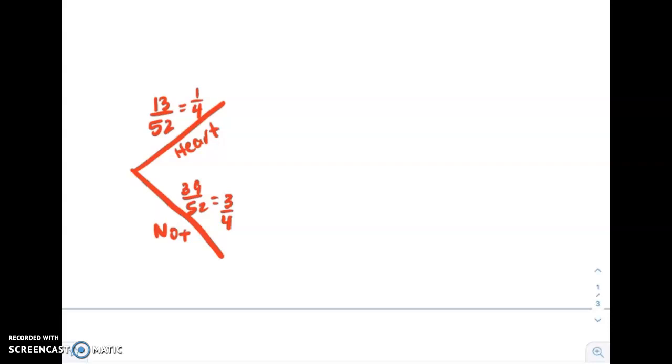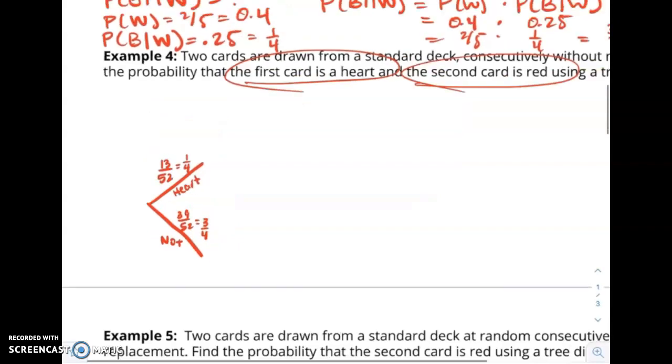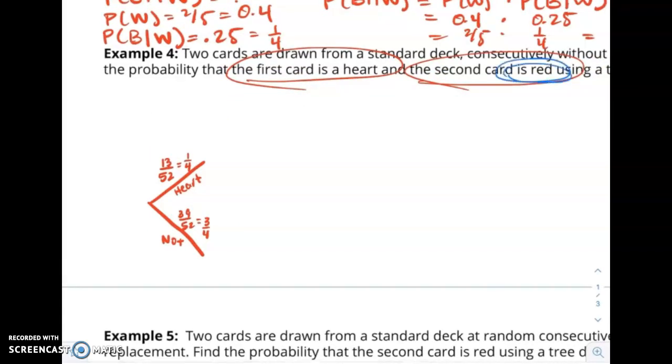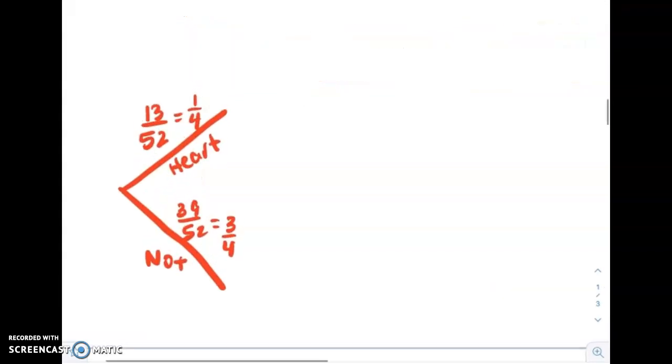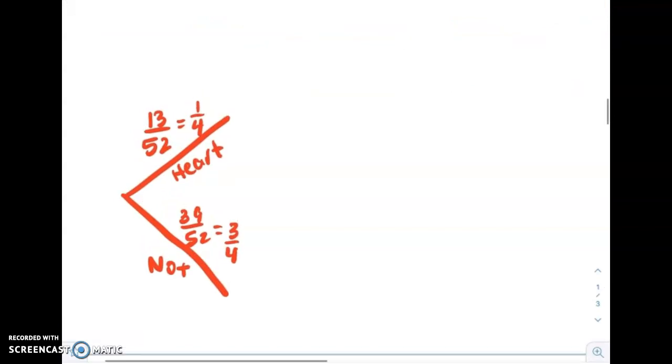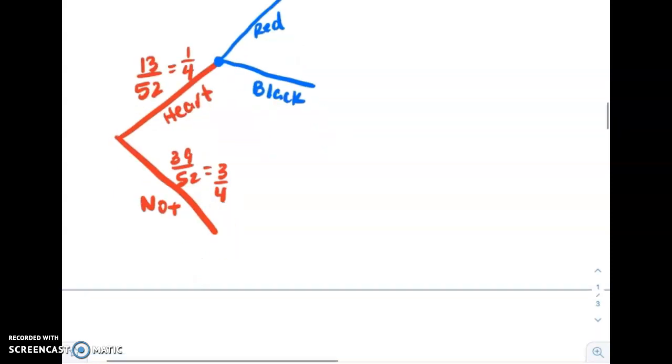So the second card, we're looking for, it's red. Is it red? So for hearts, let's say I did draw a heart. After I've drawn a heart, now I'm going to draw a second card, and it's either going to be red or it's going to be black. Or I could have not drawn a heart in the first card, and my second card could be red after that, or black after that.